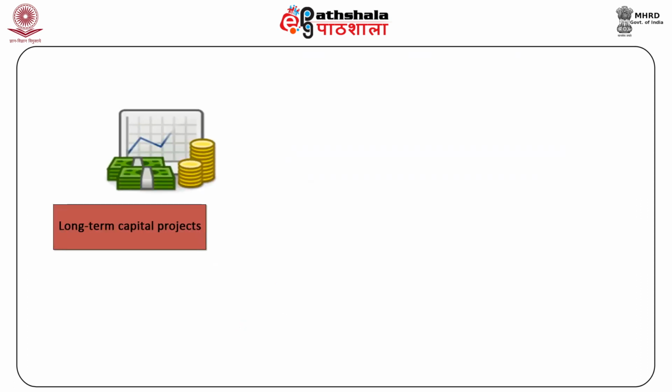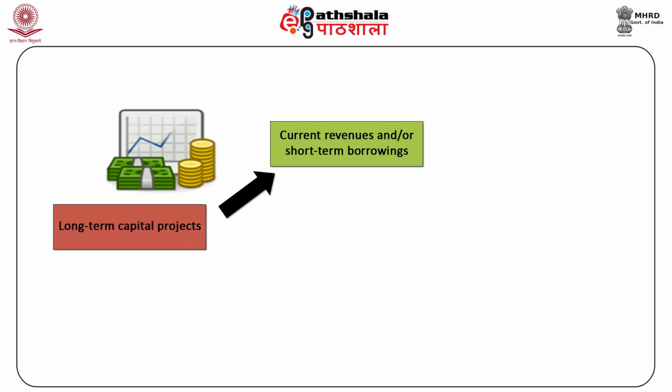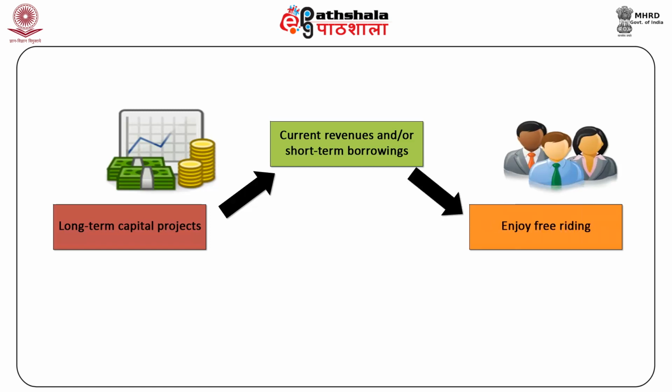If long-term capital projects are financed out of current revenues and or short-term borrowings, the future generations would enjoy free riding. Thus, it is both fair and efficient that projects with long term benefits are financed through long term borrowings.